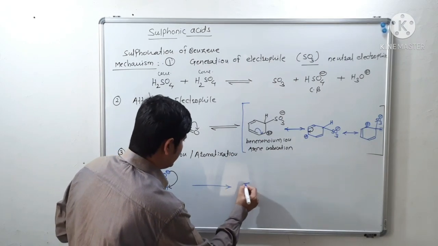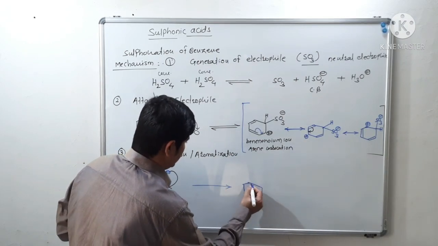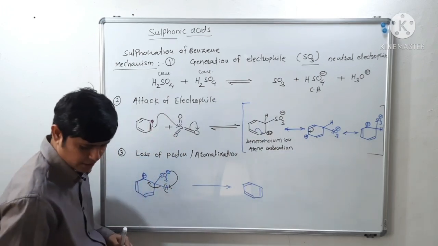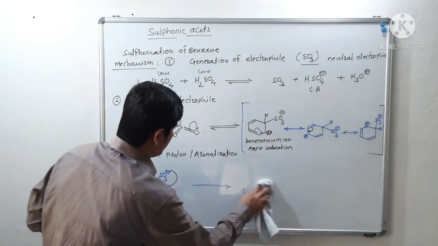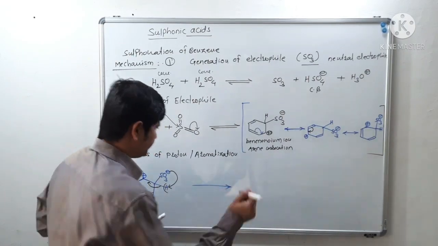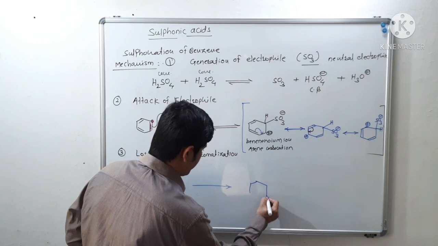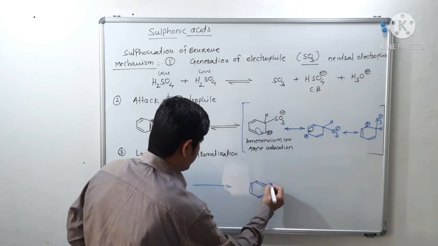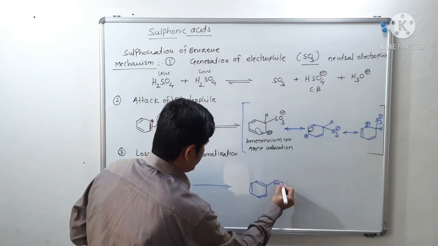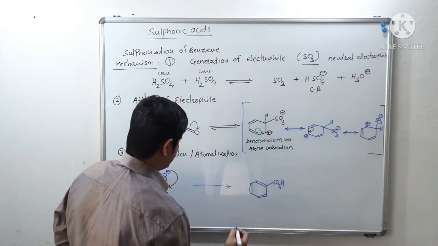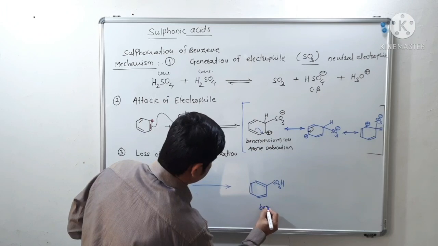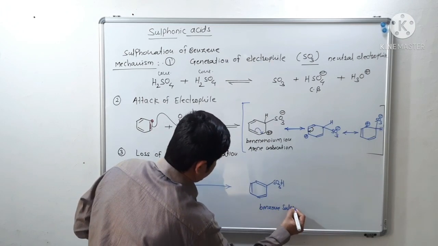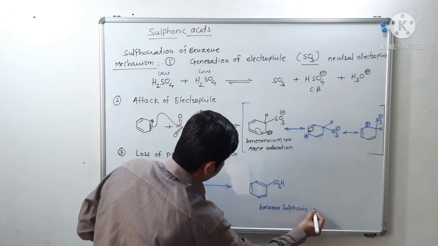So we will get benzene sulfonic acid. For your understanding, I am writing the double bonds in the same way.